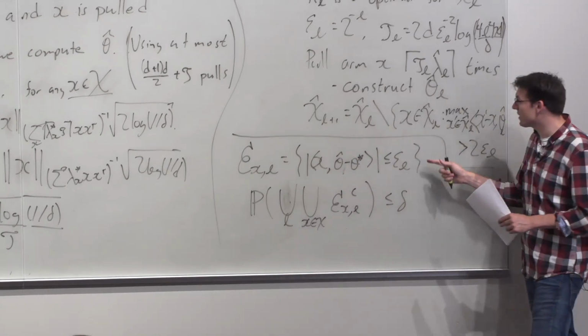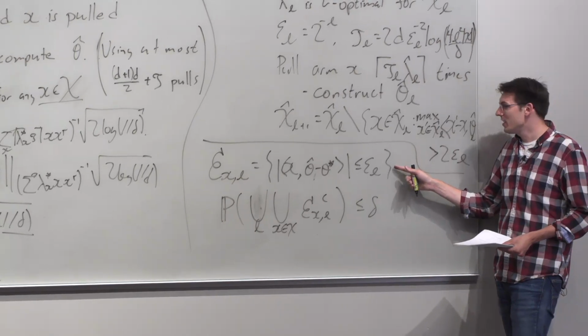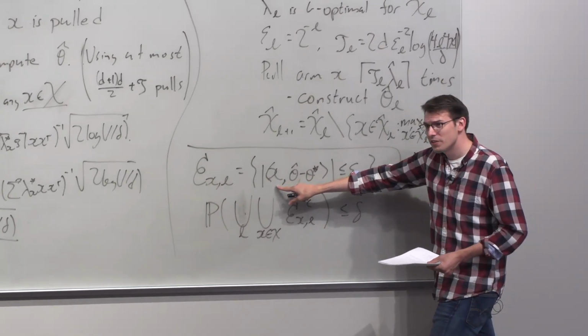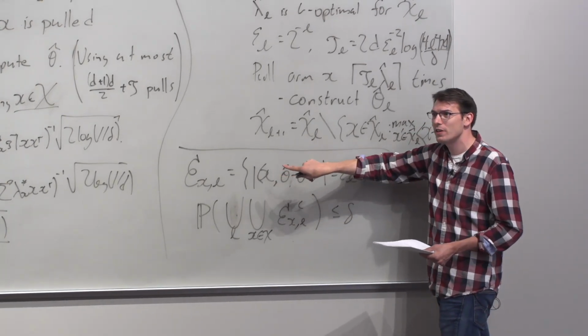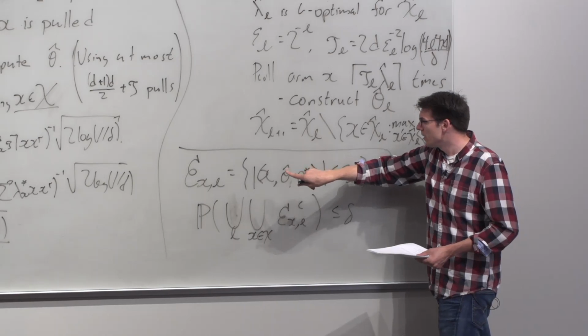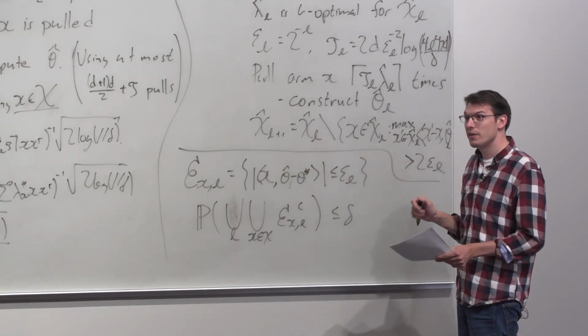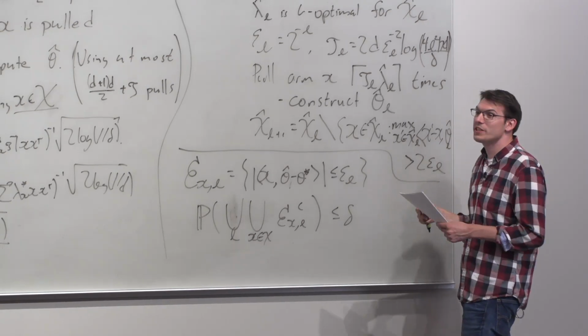You'll note that this is exactly the same event as defined last time. It says the deviation of my estimate of the reward of x is less than epsilon L at every round. And you can prove that this is true by almost identical steps.